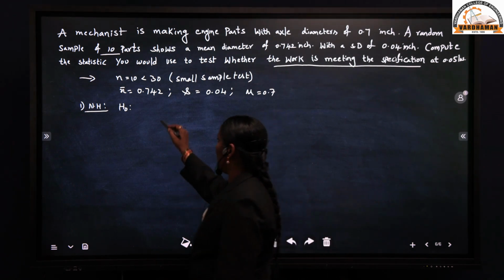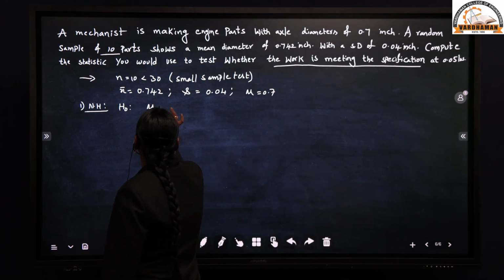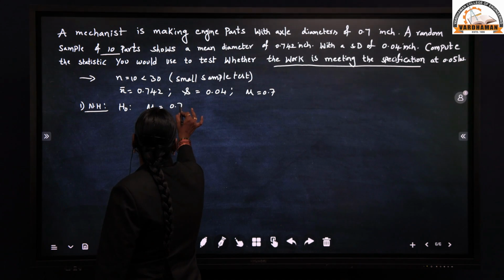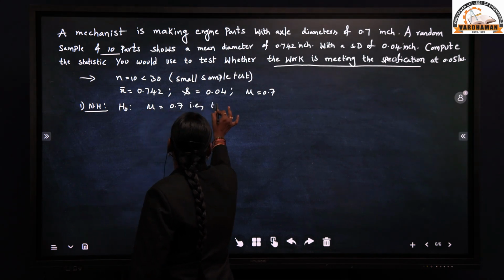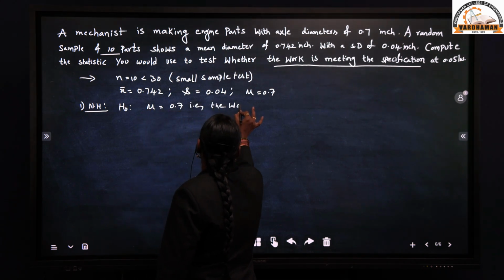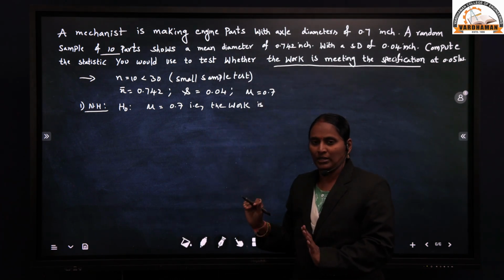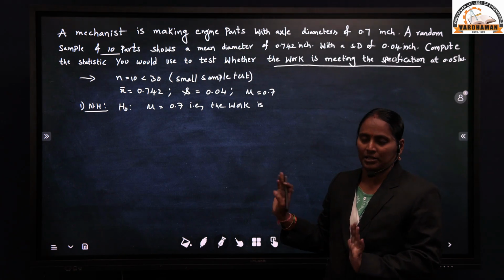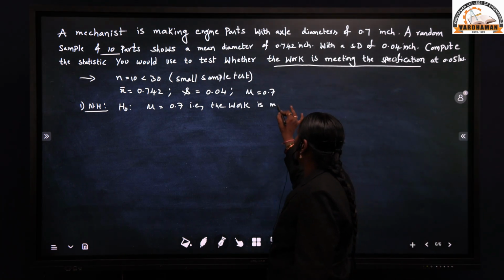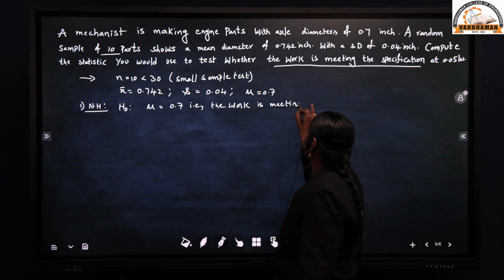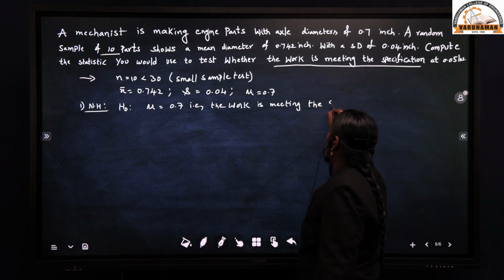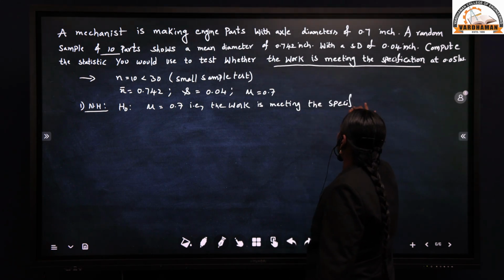So we define H naught as mu equals 0.7. That is, the work is meeting the specification. We are going to conclude taking the same statement. It means we are assuming the data is correct, so the work is meeting the specification.